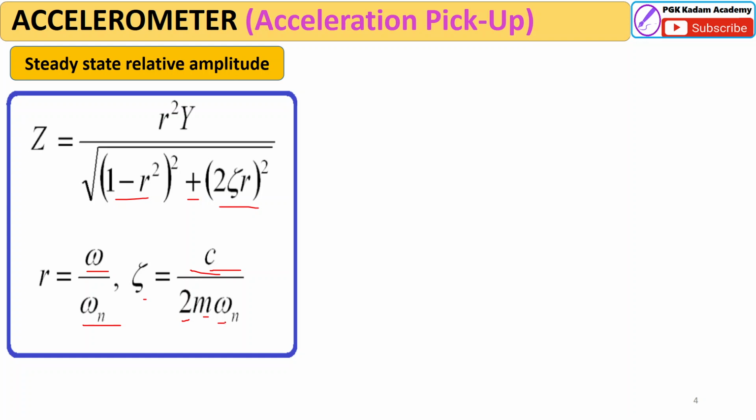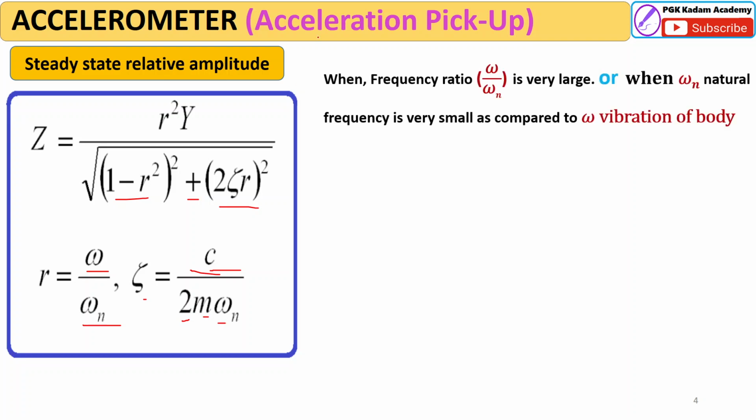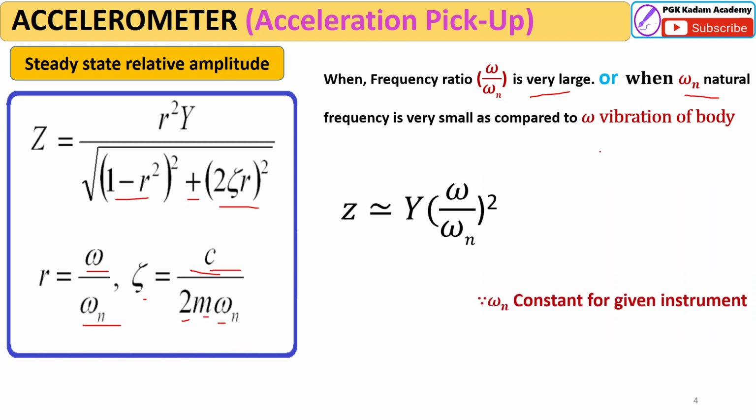What is omega n? Omega n is the natural frequency of the instrument. When the frequency ratio omega by omega n is very small, that is, the natural frequency omega n of the instrument is very large compared to omega of the body, then it gives the value that Z is approximately equal to (omega by omega n) squared into Y, the relative amplitude.